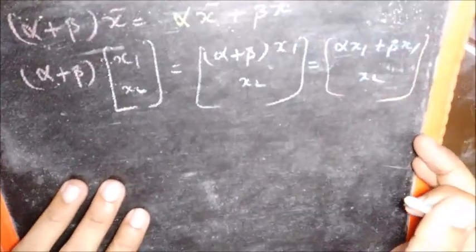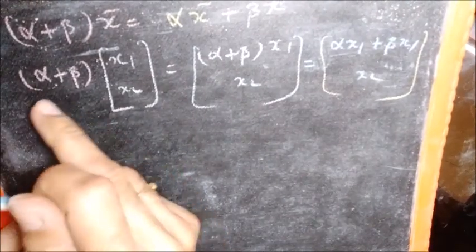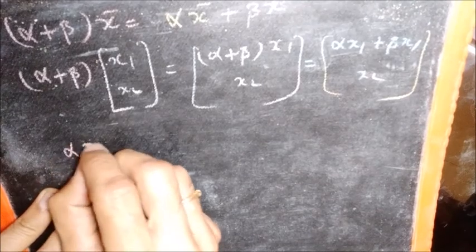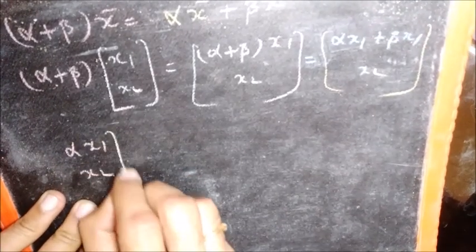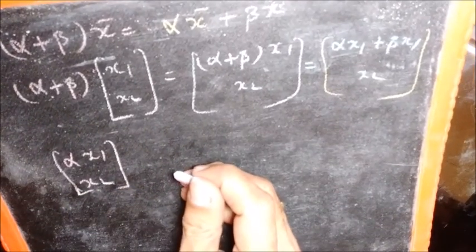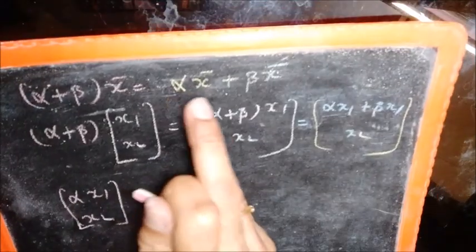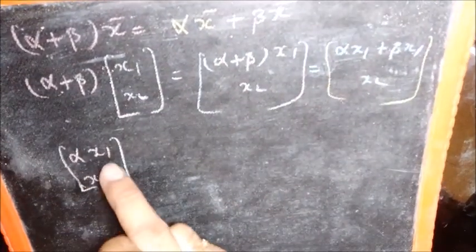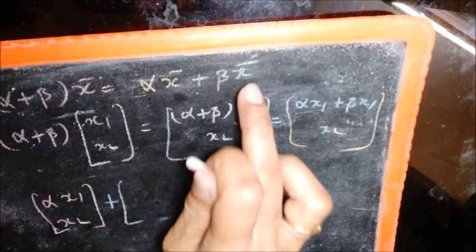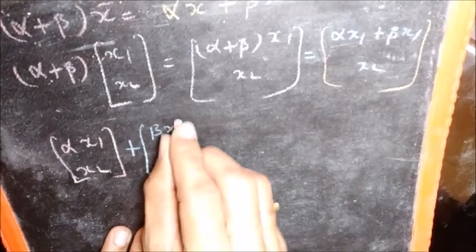Now let's look at the right hand side. Alpha into vector x, where alpha is the same real scalar alpha here, the result will be alpha x1 x2. By this time we know how the scalar multiplication is defined, and we don't have to write each and every small individual step. So alpha into vector x is alpha x1 x2 plus beta into vector x will be beta x1 x2.